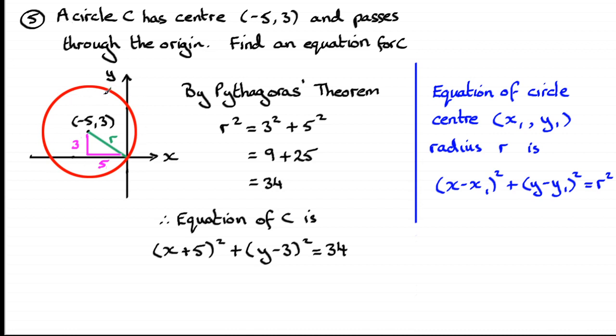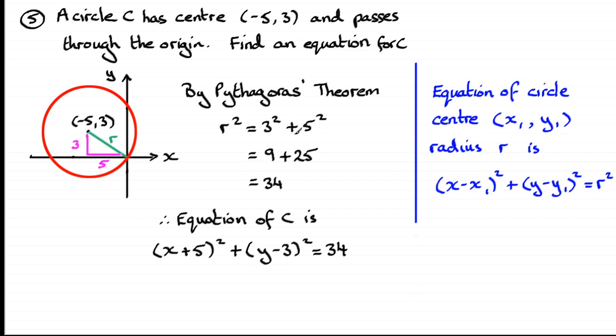Now you should know the equation of a circle with centre (x1, y1) and radius r is given by this equation here. So all I need to do is establish the radius, and it's the radius squared. We can use Pythagoras' theorem here, which is basically the distance between 2 points. The sum of the squares of the two shorter sides is equal to the hypotenuse squared, r squared.